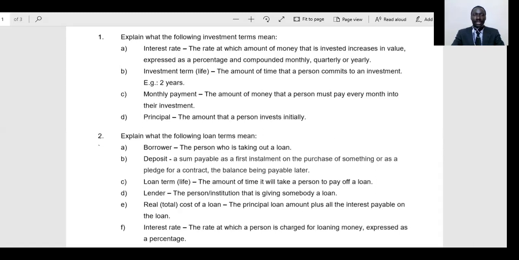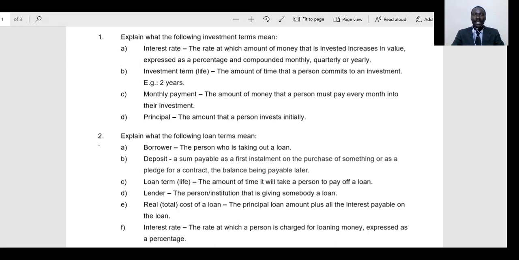The next thing is called the investment term. Investment term means the amount of time that a person commits to an investment. Let's say you have acquired an asset and you're planning to sell this asset after 2 years.